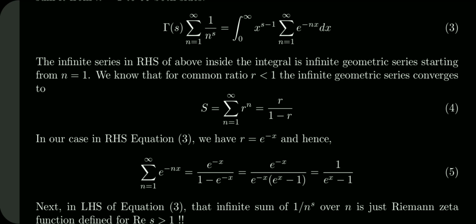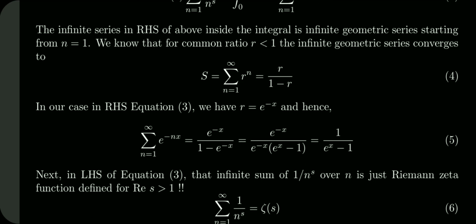That is nothing but 1 divided by e to the x minus 1. We put e to the minus x in place of r in equation 4, and we factor out e to the minus x in the denominator. And e to the minus x, e to the minus x get cancelled. What remains is 1 over e to the x minus 1.